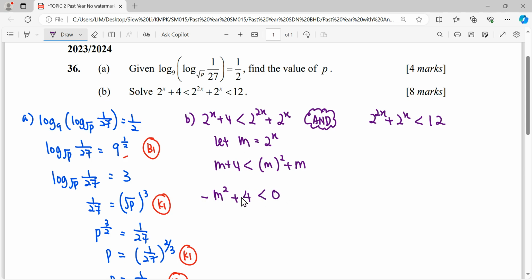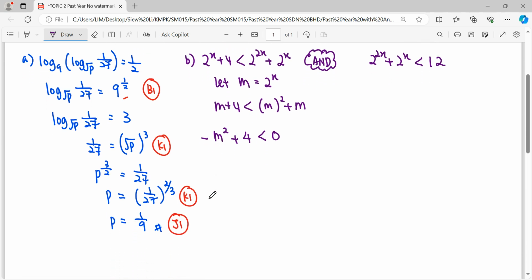We don't want the quadratic to be negative because that will affect our factorization. Therefore, we divide by negative. You need to change your sign in the inequality when you divide by negative. Then we do factorization: m plus 2 and m minus 2.